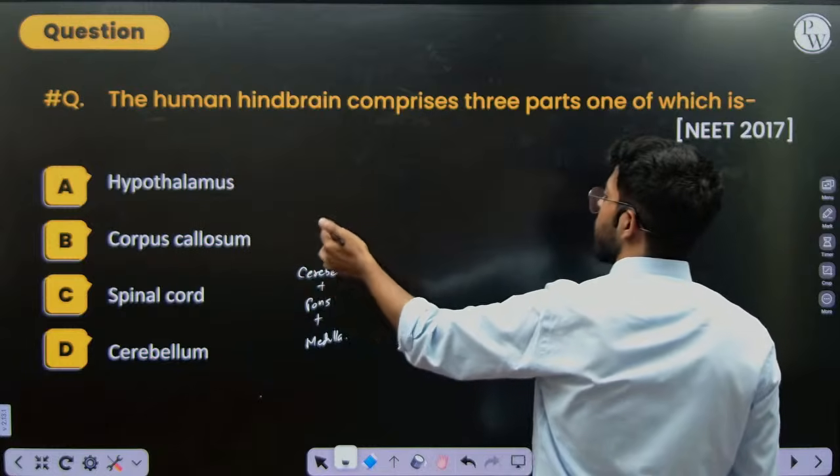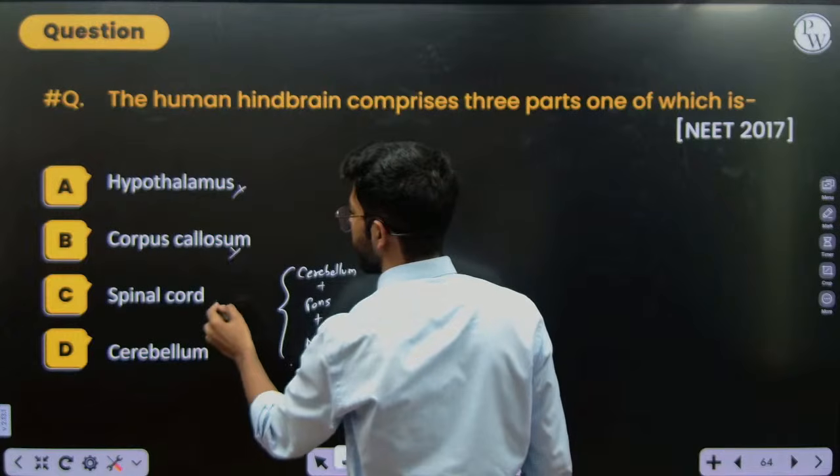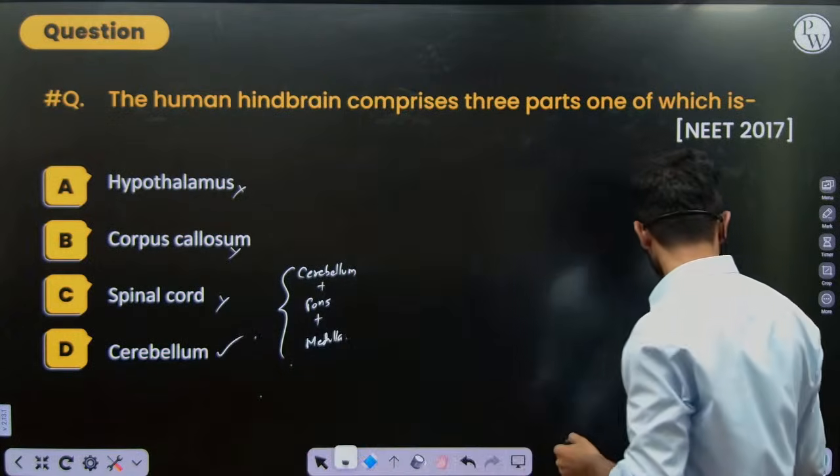From these three, no hypothalamus, no midbrain. So this is the right answer.